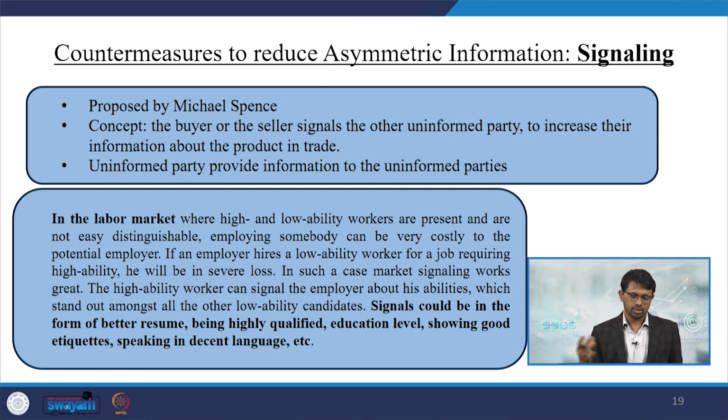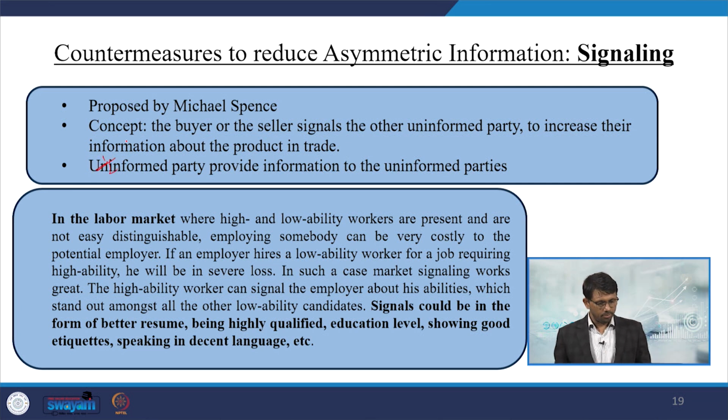Here the concept is that the informed party, buyer or seller, signals the uninformed party to increase their information about the product in trade. So, the informed party provides information to the uninformed parties, isn't it?